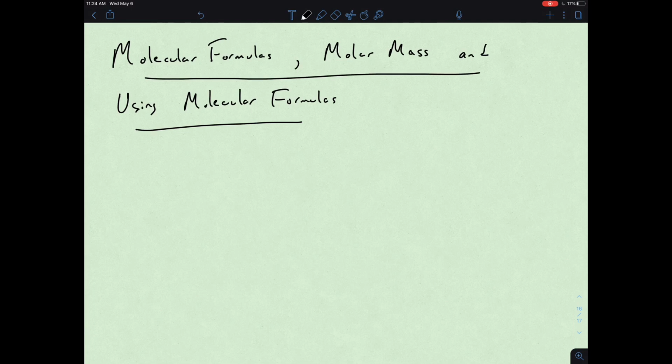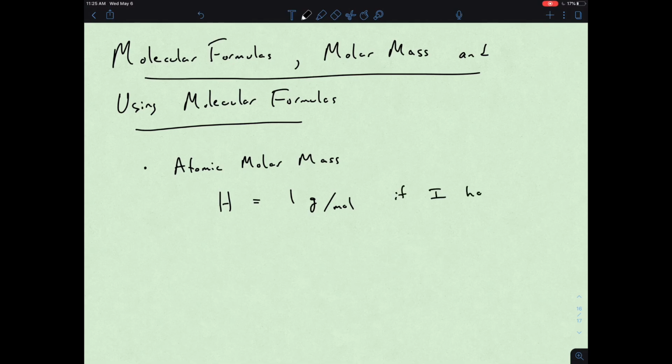So we already know a couple things, this notion of atomic molar mass. If we look at hydrogen, it has a molar mass of 1 gram per mole.